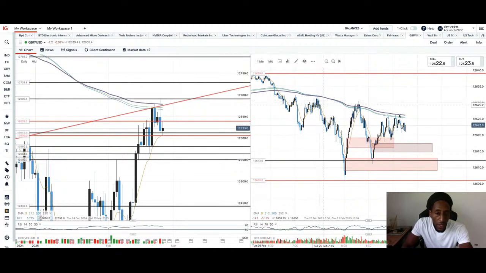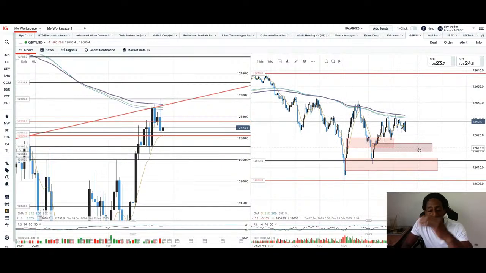And if we haven't made a higher high, we haven't made a higher low, we haven't made a lower low yet again. And so it's still in the bearish.